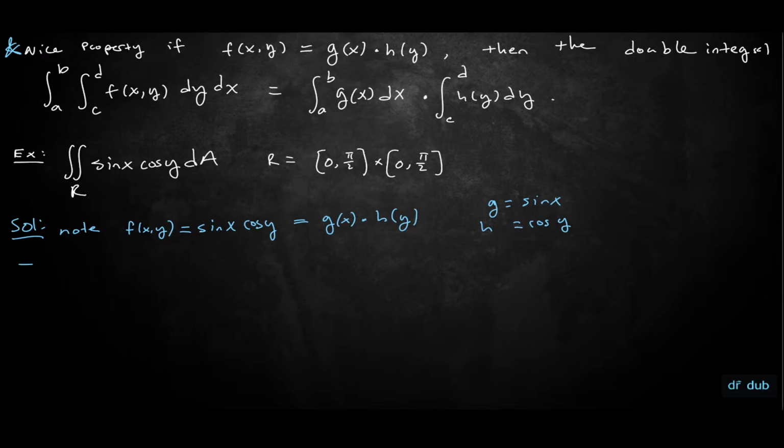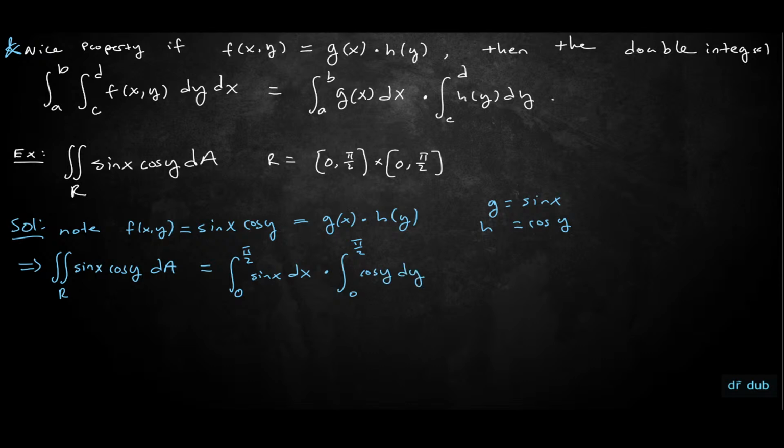So that tells us the double integral over the rectangle R of sine x cosine y dA can be represented as the integral from 0 to pi over 2 of sine x dx times the integral from 0 to pi over 2 of cosine y dy.